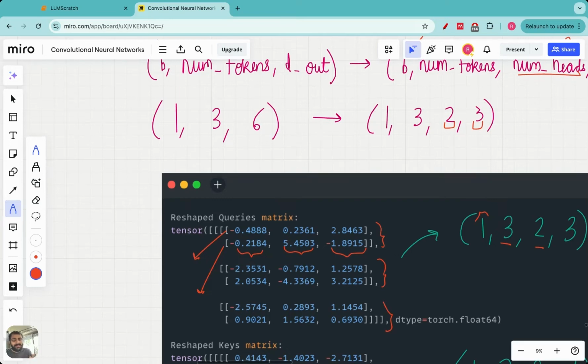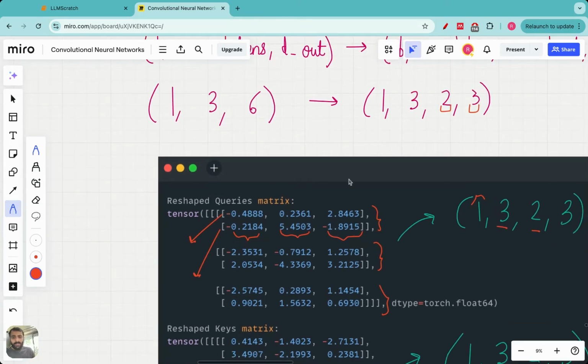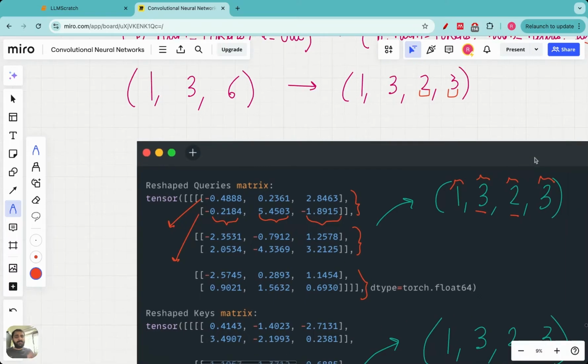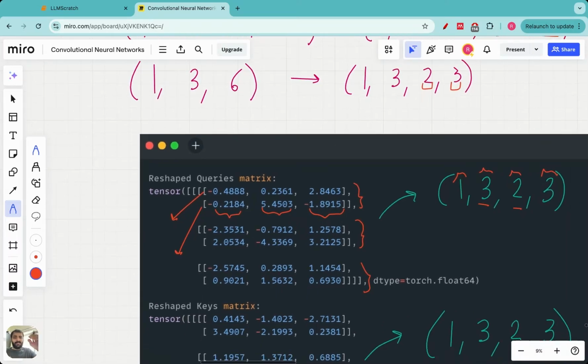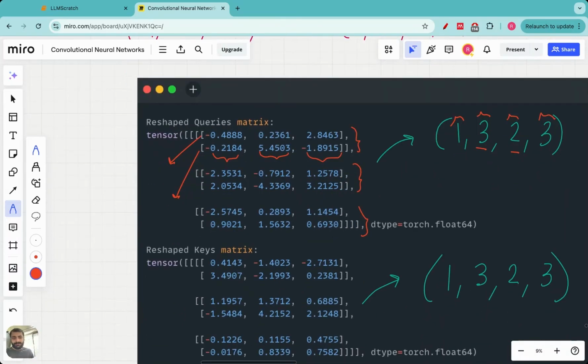So remember, the head dimension is equal to 3. So the way to interpret this matrix is to start from the outermost value. So 3. Why 3? Because there are 3 tokens. Then go to each token. Why 2? Because there are 2 heads in each token. Then go within each head. Why 3? Because the dimension of each head is 3. Each head is a 3-dimensional vector.